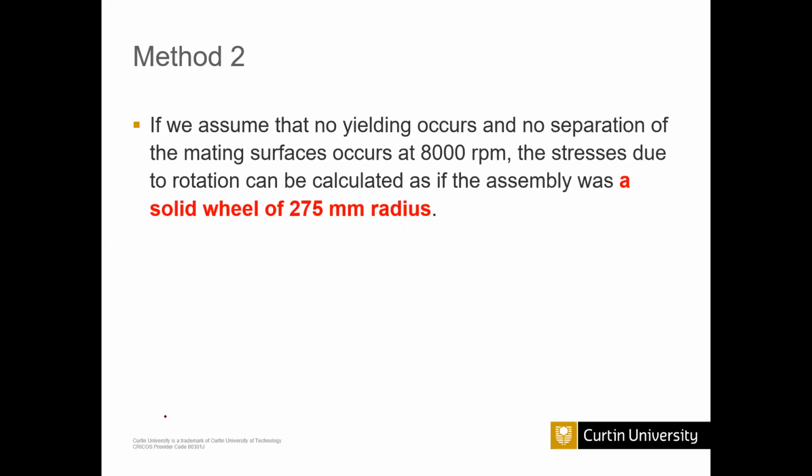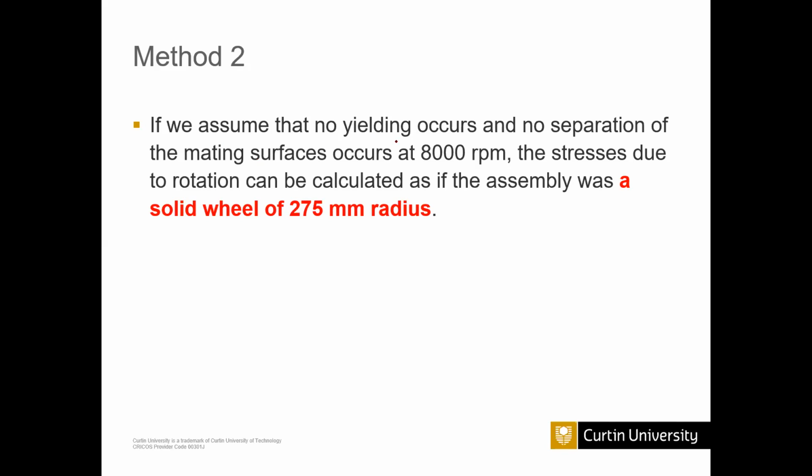And then if you assume that no yielding occurs and no separation, that means the two cylinders always touch. Otherwise, if there is any gap, we call this a separation. So there is no separation. Keep in mind those assumptions, because sometimes you should make them in the equations.